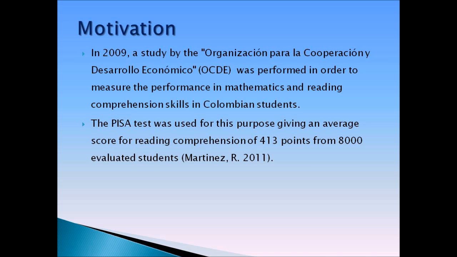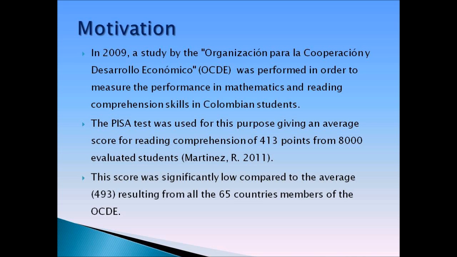Even though the score was 5 points above the average of Latin American countries, that is 408, this was significantly low compared to the average 493 resulting from all the 65 country members of the OCDE. With 81 points below the general average, Colombia occupied a place of 52 out of 65 in the OCDE ranking.